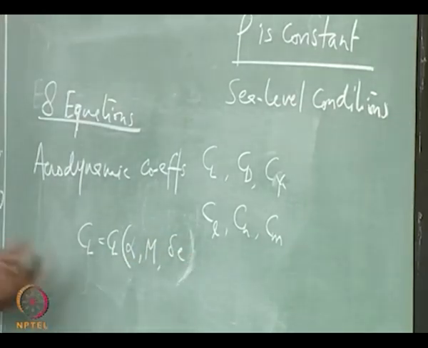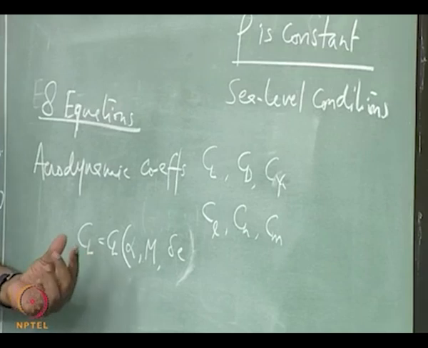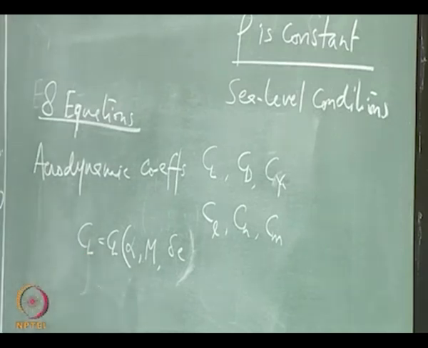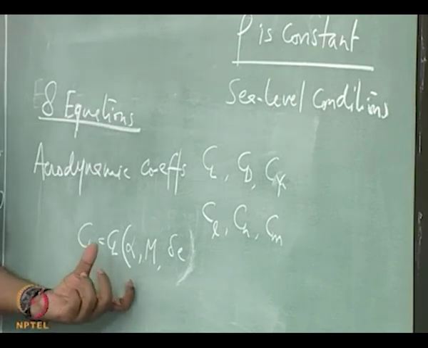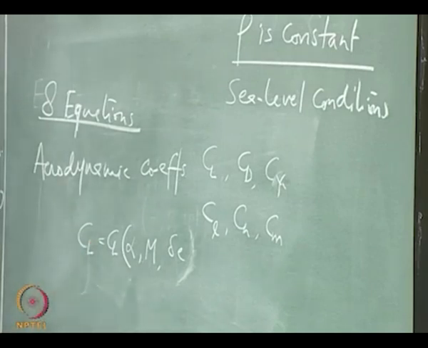So we know that CL is linearly varying with respect to alpha in the pre-stall region, right. But beyond that, it is not going to be a linear function of alpha, so it is becoming non-linear, right.